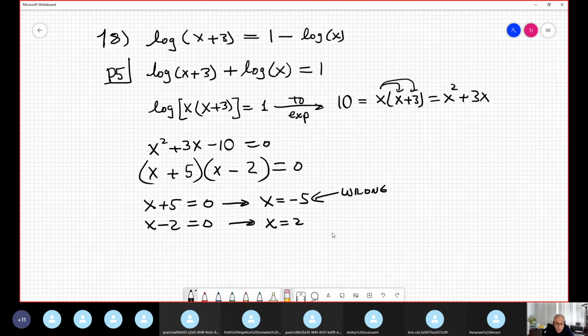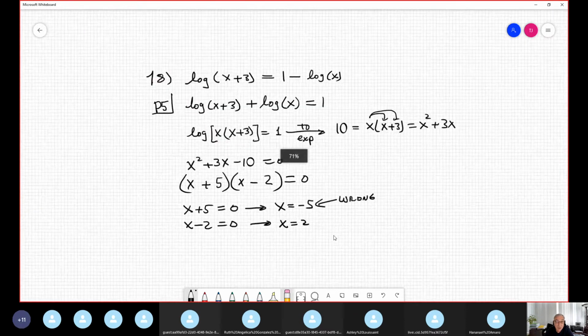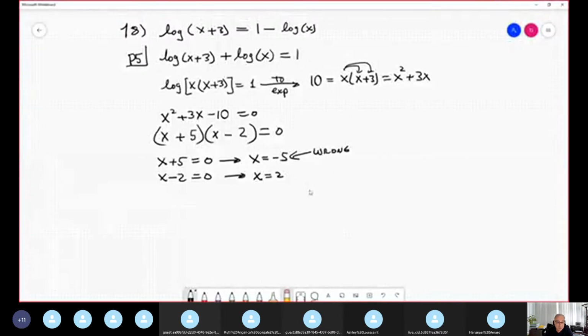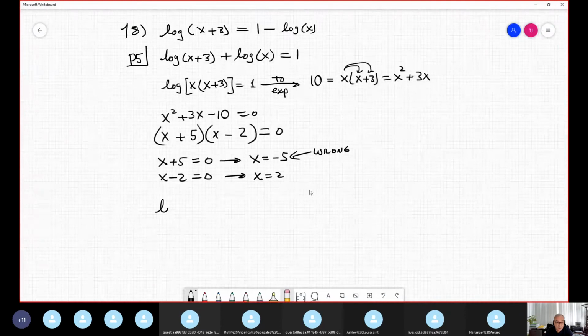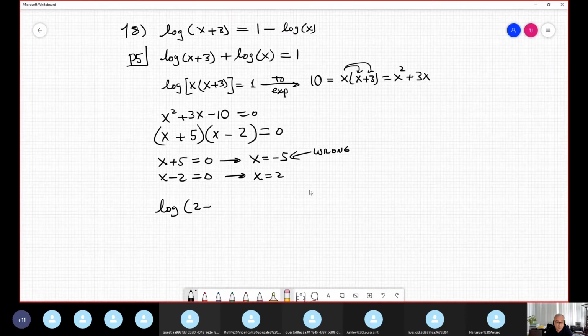So I need to prove that 2 is good. Plugging into the original, logarithm of 2 plus 3 should be equal, I claim, to 1 minus logarithm of 2. Okay, substitution of 2 here and here. 2 plus 3 is 5.